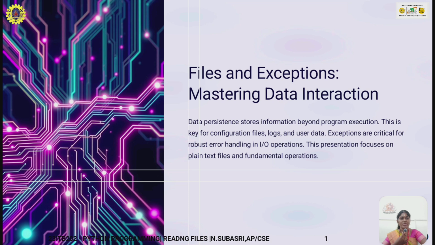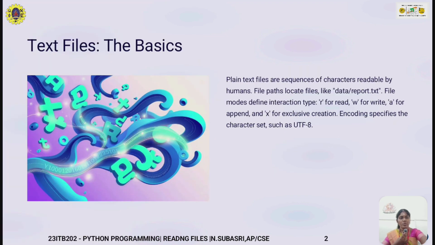The exception is considered a critical thing which will be thrown when we have an error. So we handle errors in input output operations with the help of the code we are writing. In this presentation we'll focus on text files and the fundamental operations we have in Python programming.